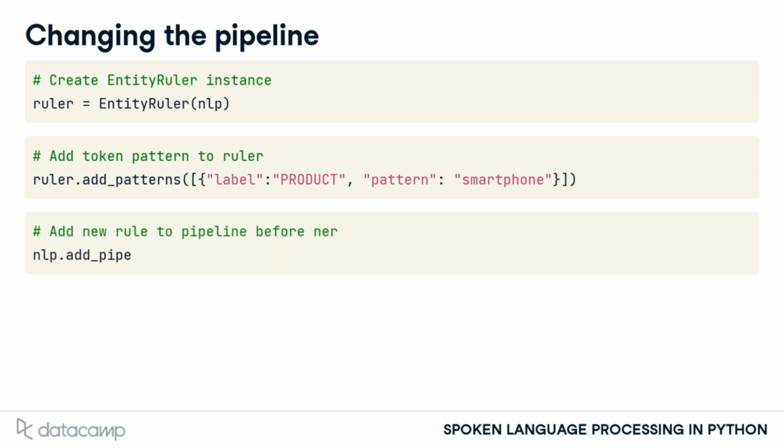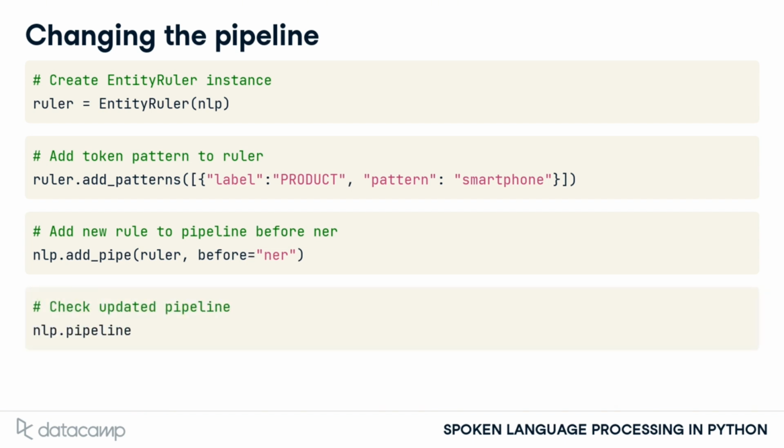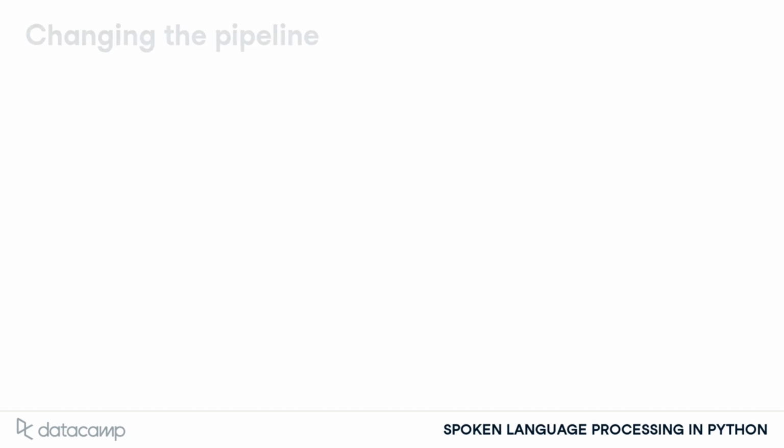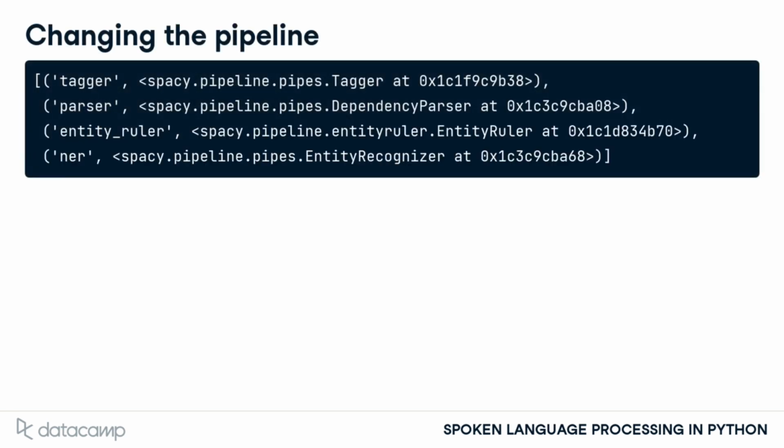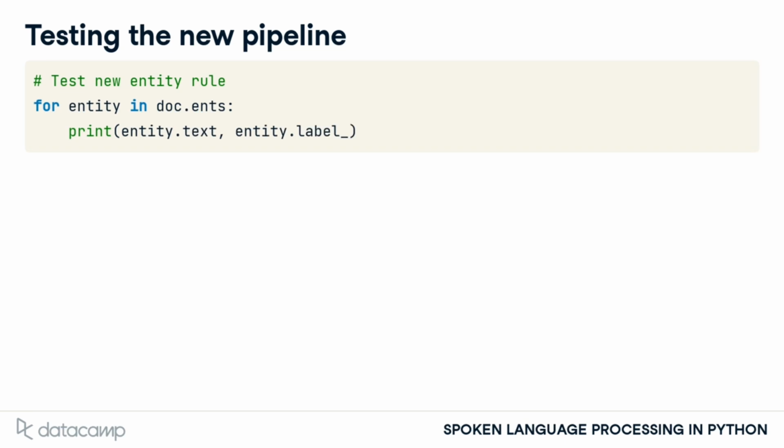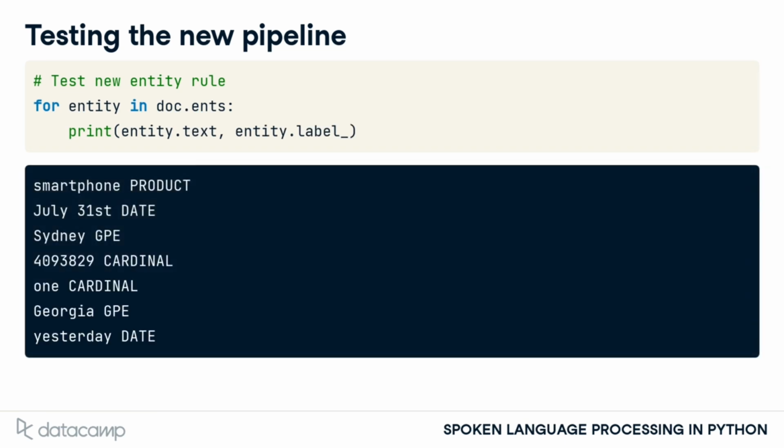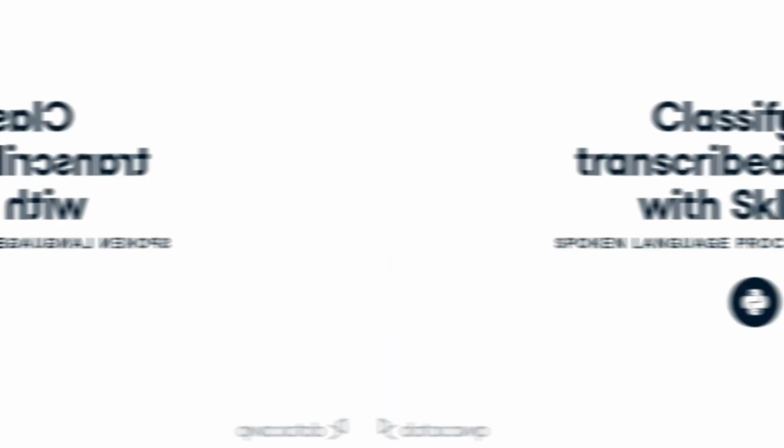We can add this rule to the pipeline before NER so we can be sure it gets used. Now, we check our pipeline, we've got a new step called Entity Ruler. Let's try it with our doc from before. You can see the token smartphone has the product named entity label.